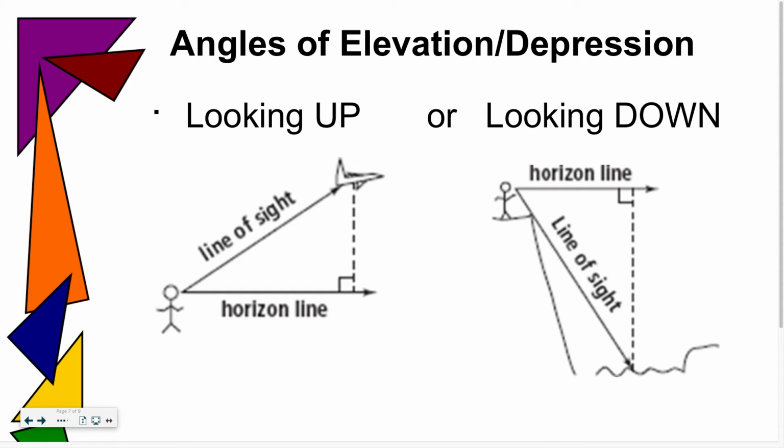What I'm talking about is, what if I was just looking straight ahead, and then if I'm looking to the top of the building, that's an angle of elevation. But if I'm looking down from my lifeguard stand at the pool, then that's an angle of depression.